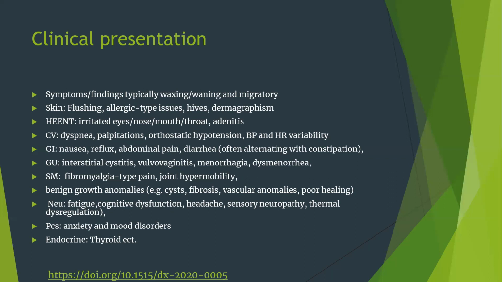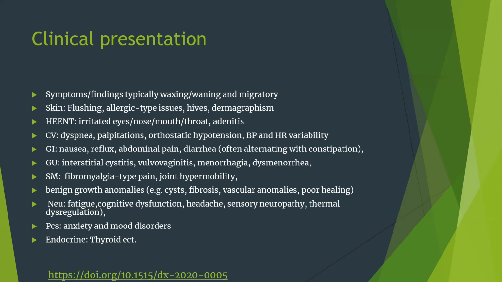The gastrointestinal will be nausea, GERD, abdominal pain, diarrhea, but frequently it will alternate with constipation. Genitourinary will be interstitial cystitis, painful periods, and heavy periods. Many people will have fibromyalgia type of pain, and many people will have hypermobility. And many people with hypermobility, especially EDS, may have a version of MCAS.